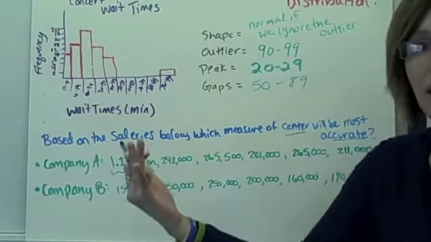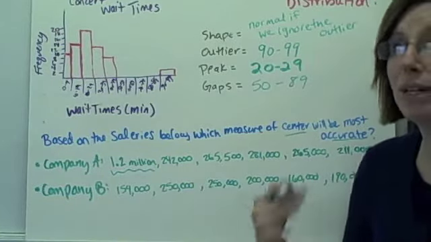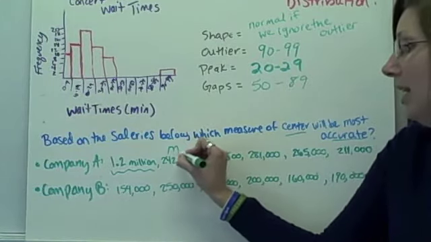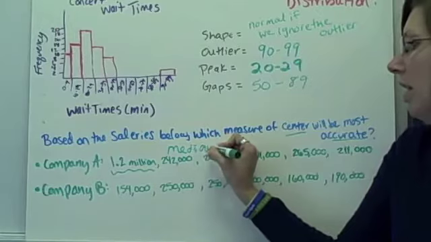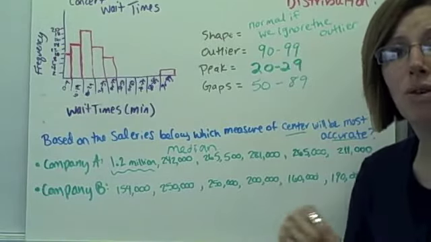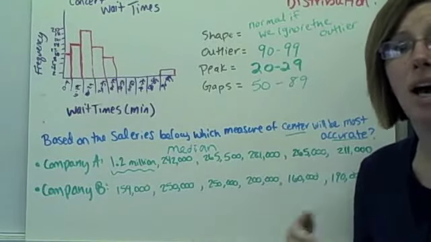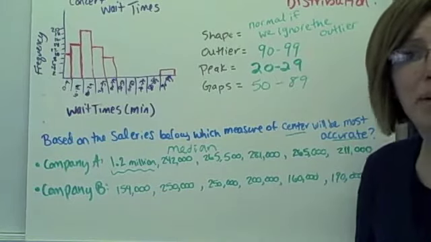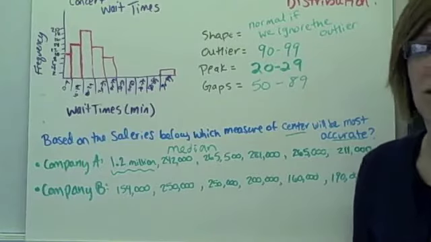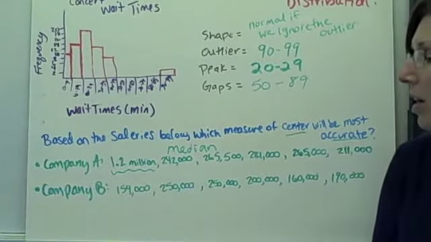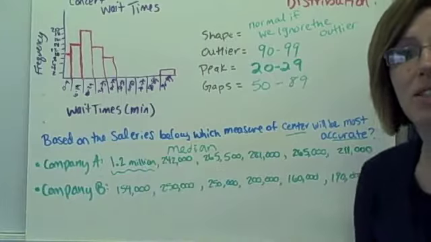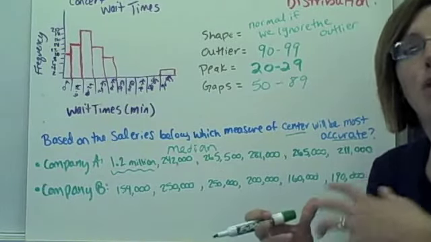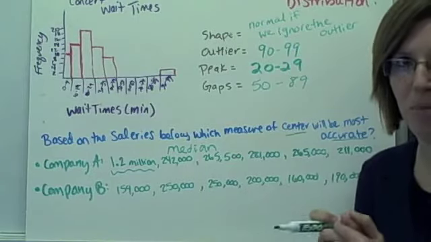It would push it higher than what it realistically is. So for company A, the median is the best measure of center to use to describe the salaries of the employees in company A. I could guess the person that makes all that money is the CEO or the person in charge. So it's inaccurate to use his data as a summary for all of the employees of the company.